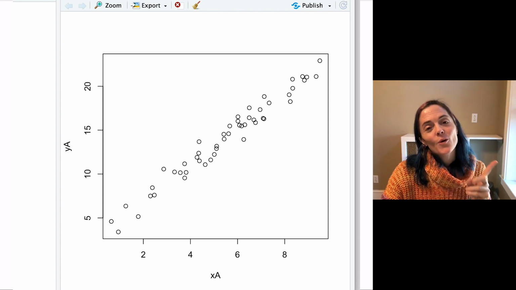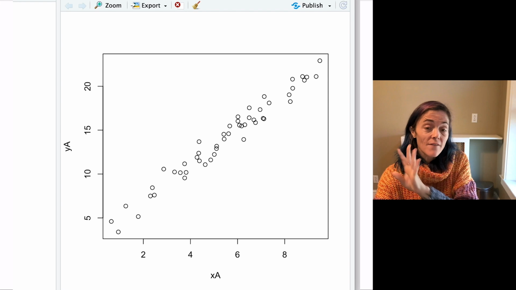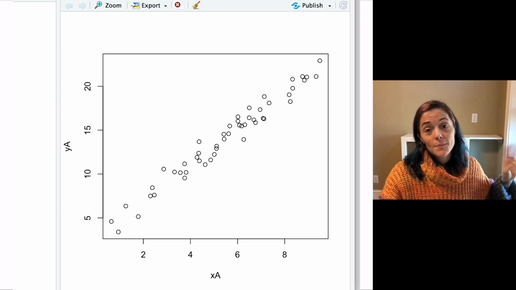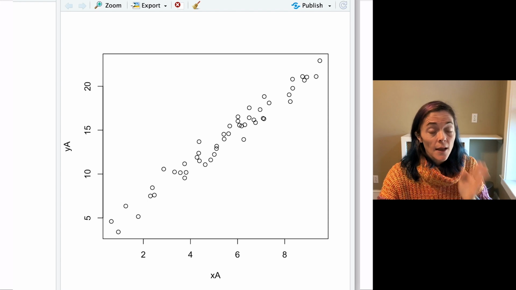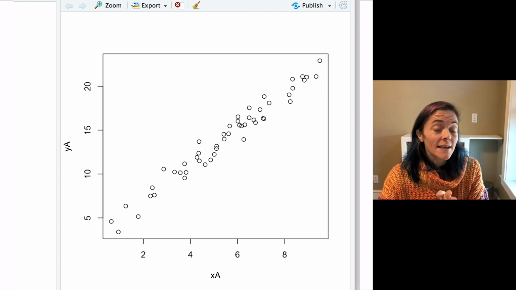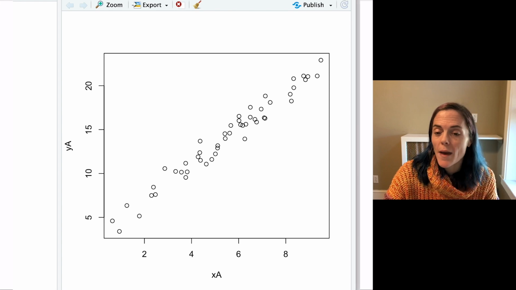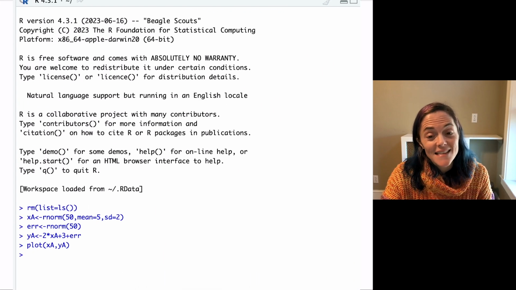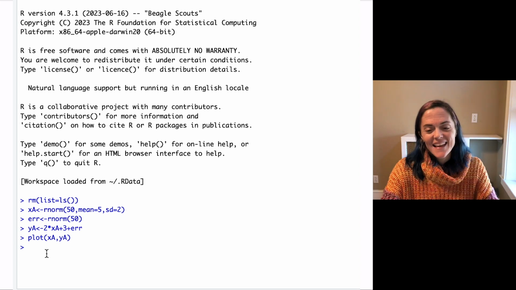Now, one thing about the correlation coefficient, it's always between -1 and 1. Values close to 1 and close to -1 indicate a strong linear relationship, and values close to 0 would indicate no linear relationship. So I expect the correlation coefficient of this sample to be close to 1. Okay, let's see.